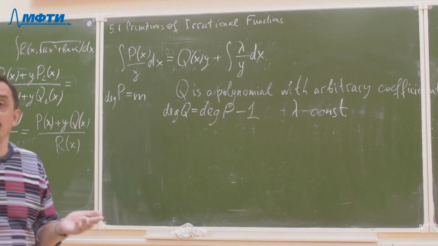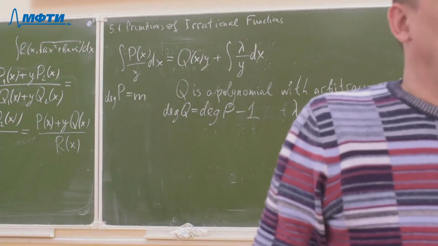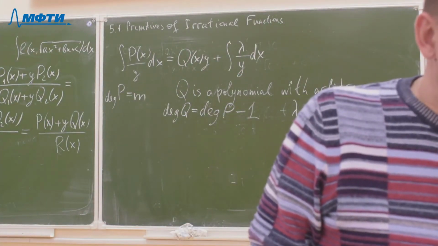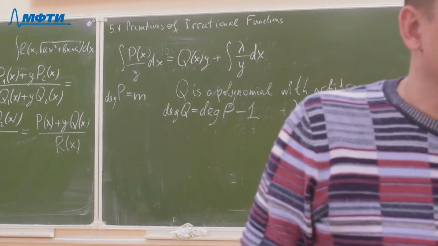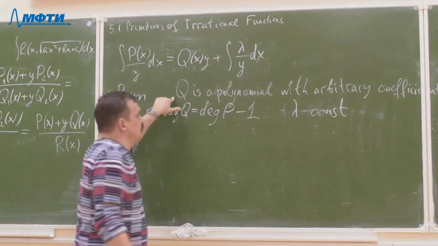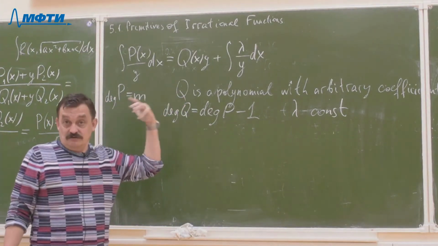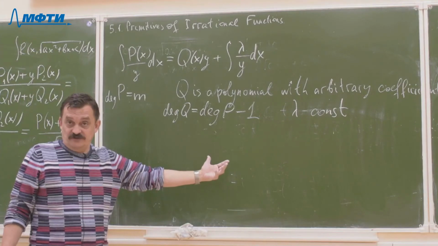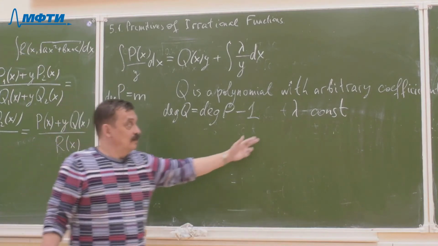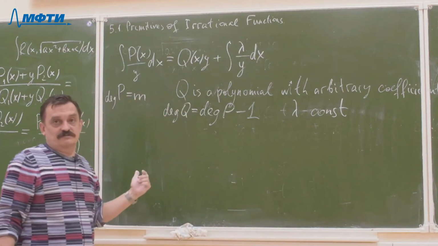So a polynomial of degree m minus 1 has m coefficients. So in Q we have m arbitrary coefficients, plus lambda, so altogether m plus 1 coefficients.